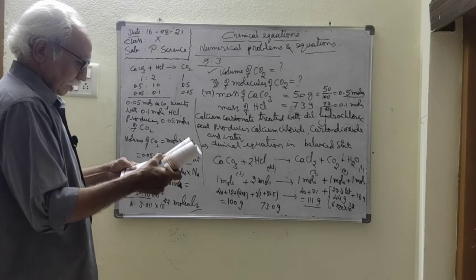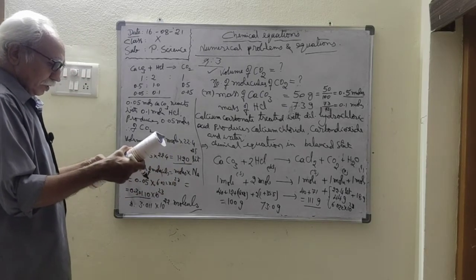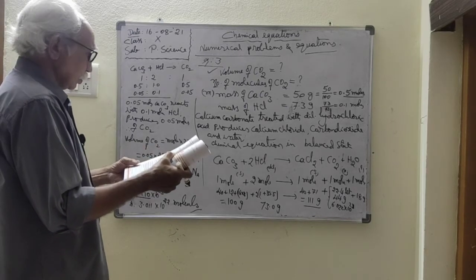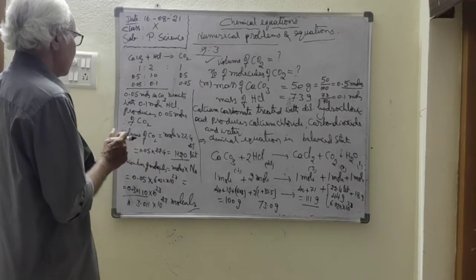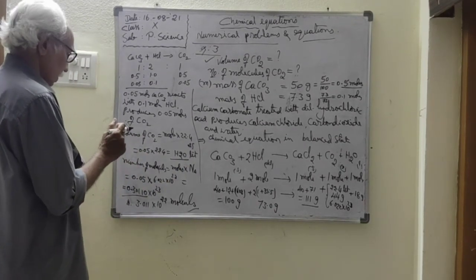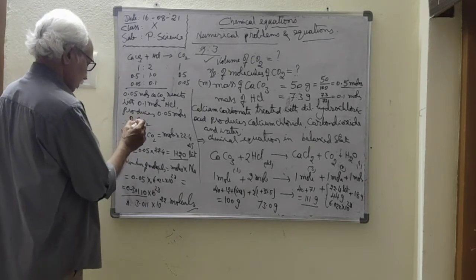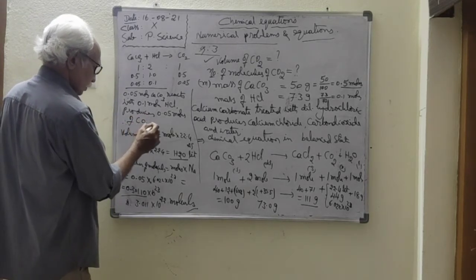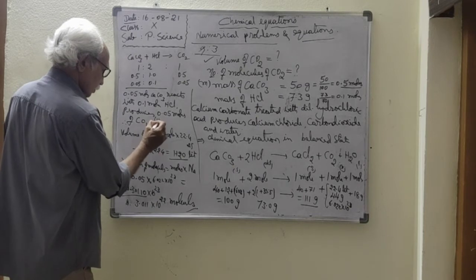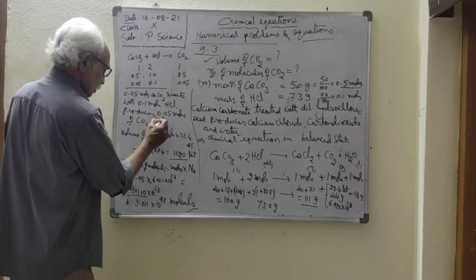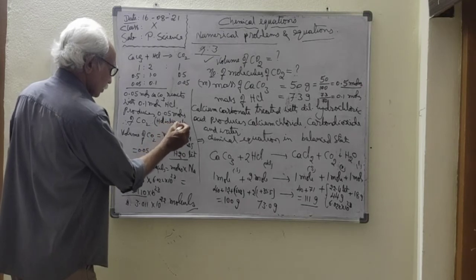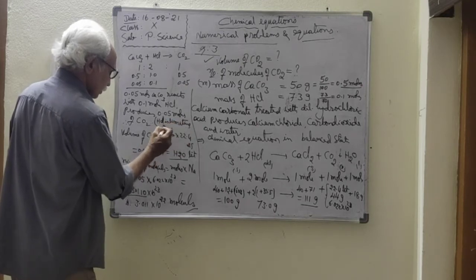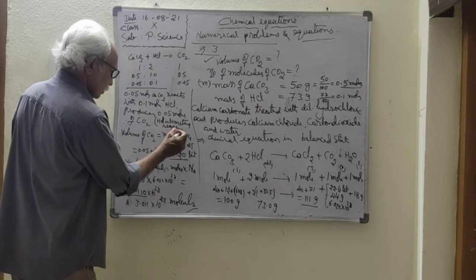The reactant available in a lesser amount is called the limiting reagent. So here HCl is the limiting reagent.